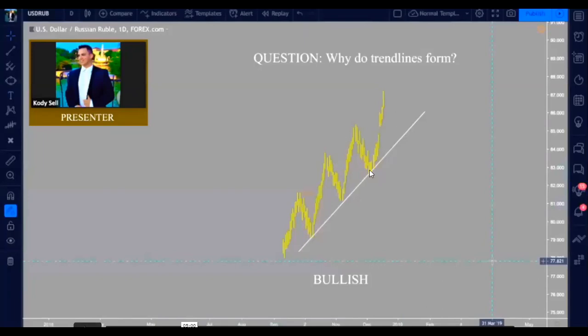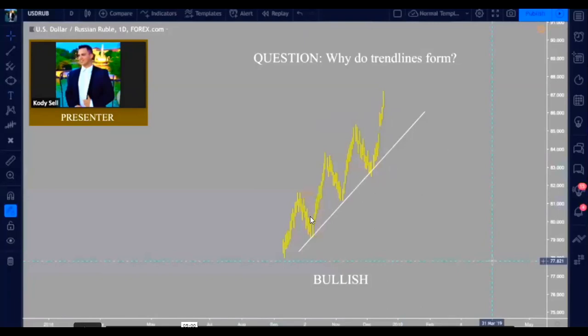And let me explain to you why. This trend line is acting as support, right? So remember, we use these support and resistance levels to know when a change is coming, when price has decided to go the opposite way.